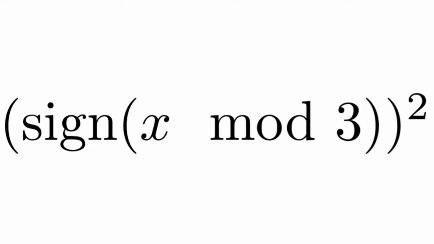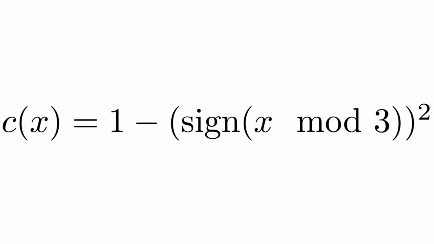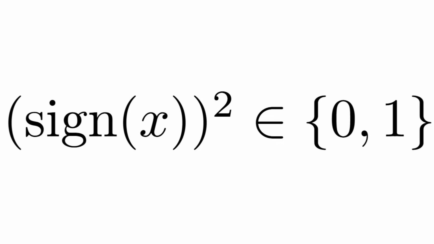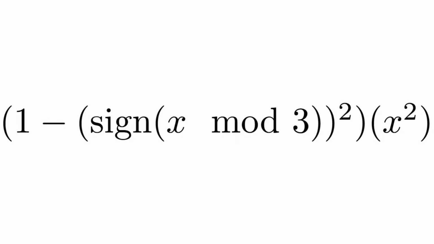We can just use a not, which is just subtracting 1, by this, to get our condition to be 1 minus sign of x mod 3 squared. This only works because sign squared ensures the only values are 0 and 1. Now, we multiply this by x squared, such that when it's true, we get our input squared.